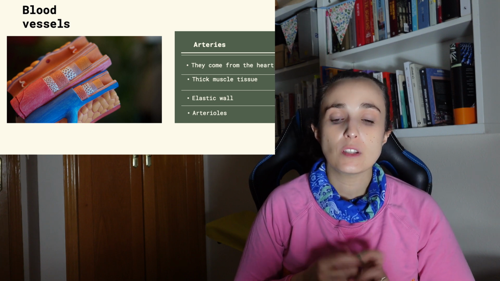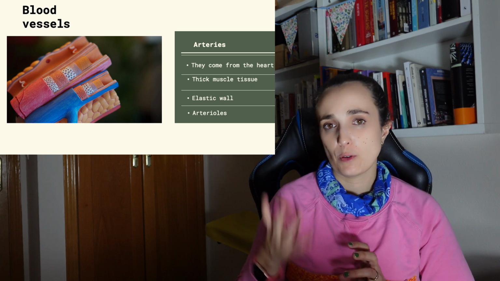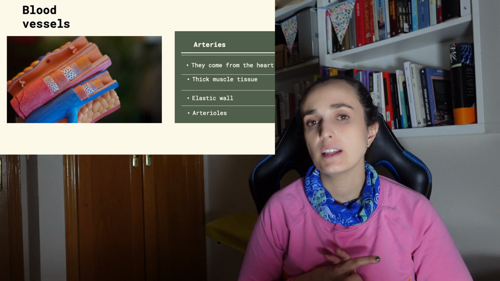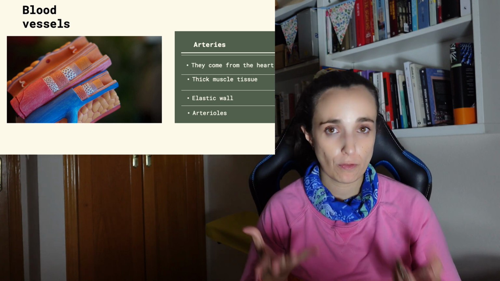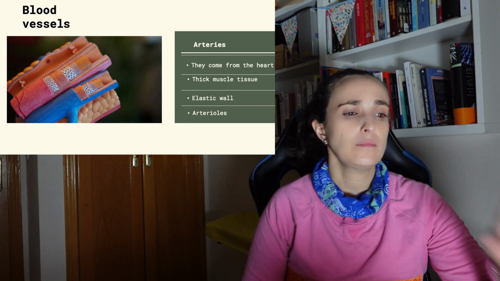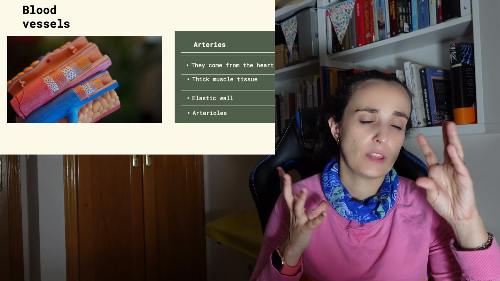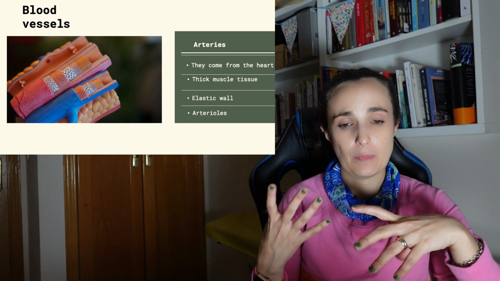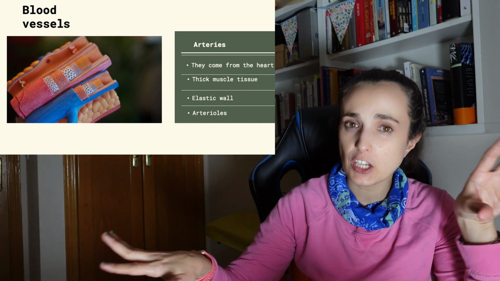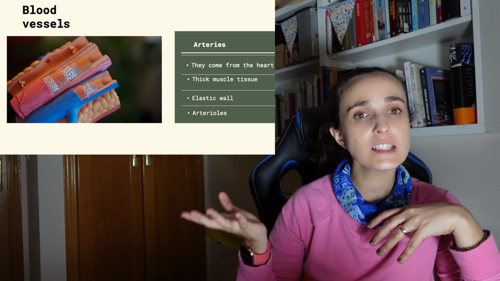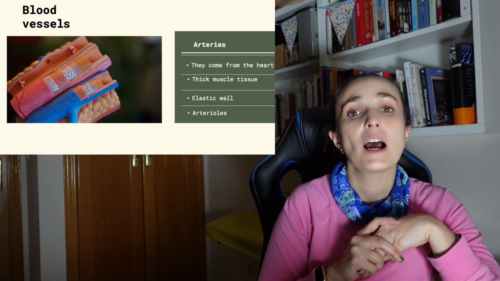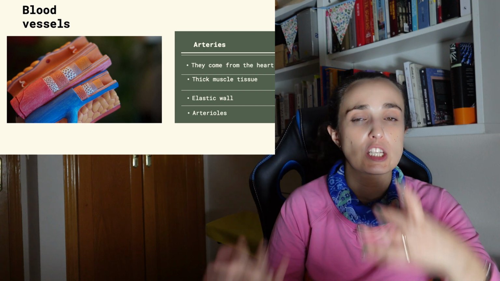So the most important feature in our arteries, apart from having epithelia and everything, is that they have really strong, thick walls of muscle tissue. Once we get to the smaller ramifications, we stop calling these vessels arteries and we start calling them arterioles, okay, because they are small.